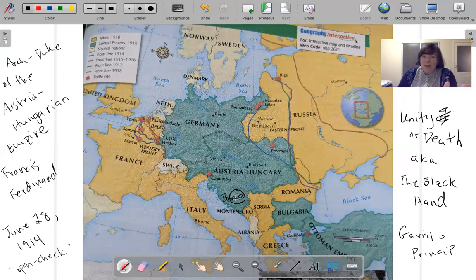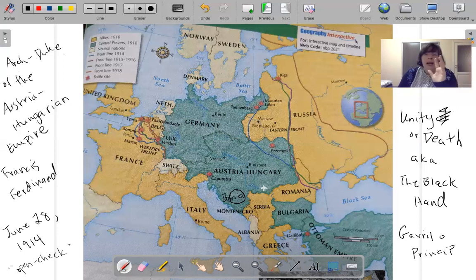They've got to get with it that they are not going to get their huge Slavic state, and they got to stop it now. Well, Serbia agreed to some of the things, but not all of them. And when they did not agree to everything, Austria-Hungary declared war on Serbia.